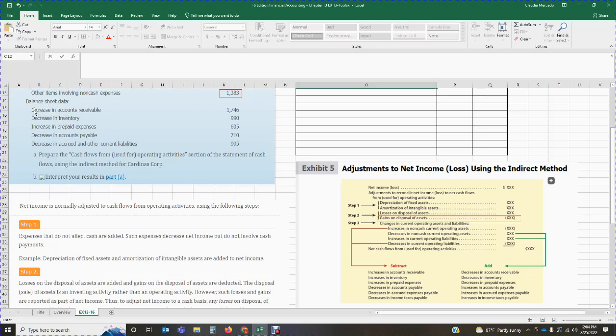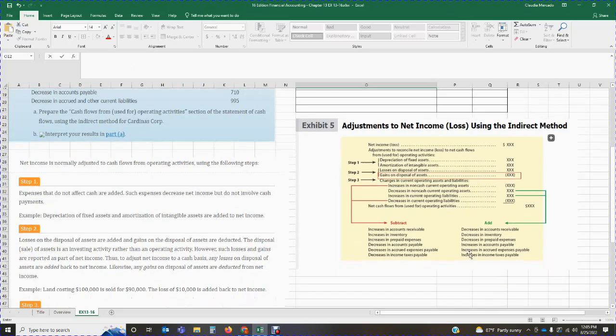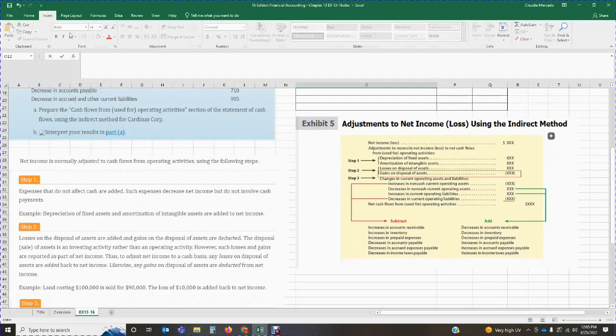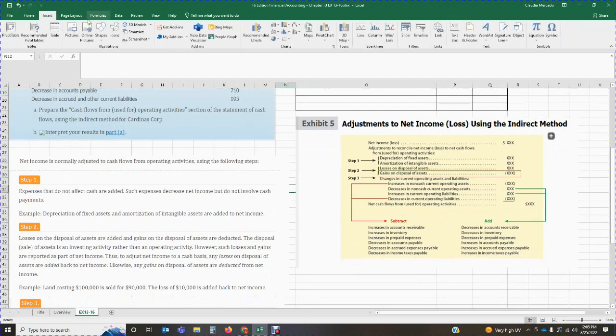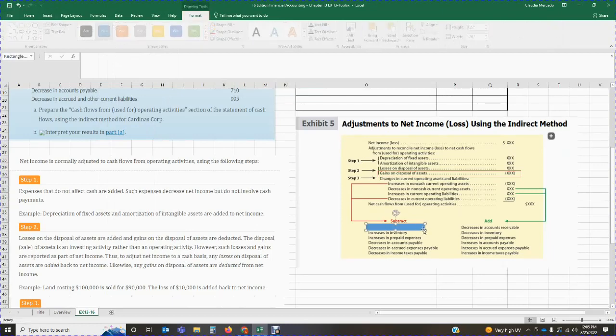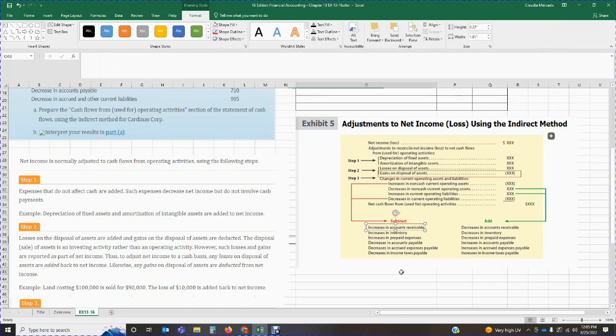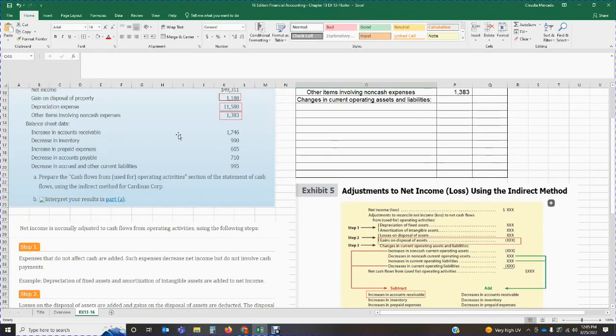It says here we have an increase in accounts receivable, 1,746. So if we have an increase in accounts receivable, we're going to locate it down here. Increase in accounts receivable, 1746.